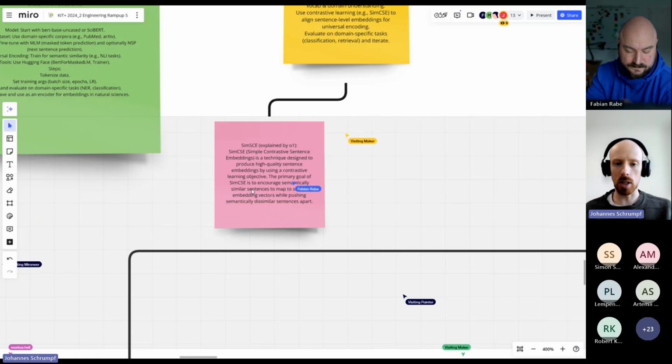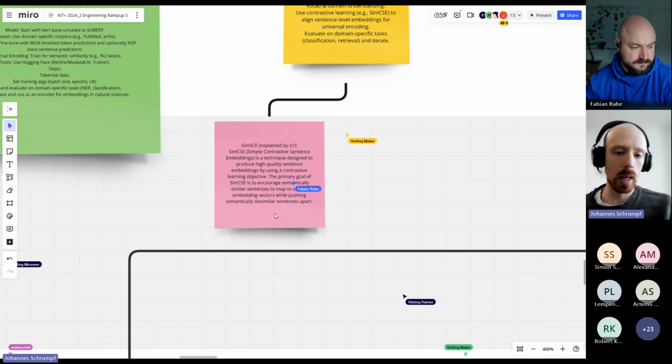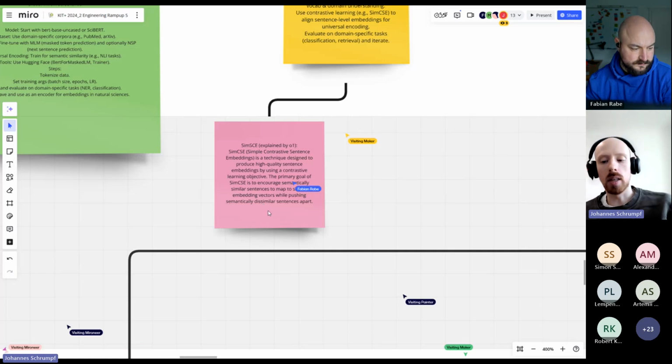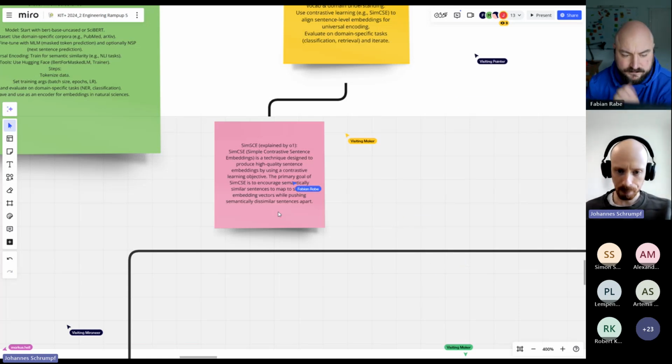So this is what ChatGPT suggests that we should do. And I think ChatGPT puts it very well here, the objective of this simple contrastive sentence embeddings technique is to basically encourage the model to find these similarities between certain topics and represent these similarities within its output.